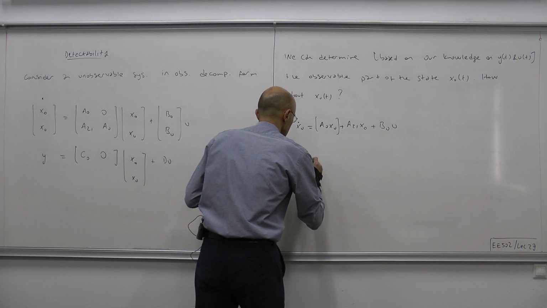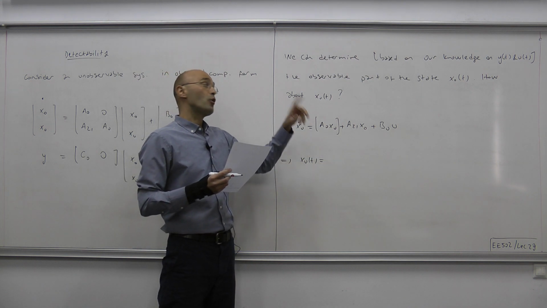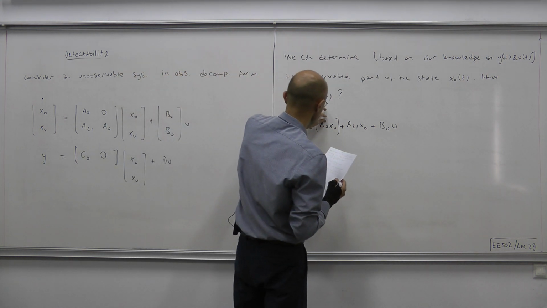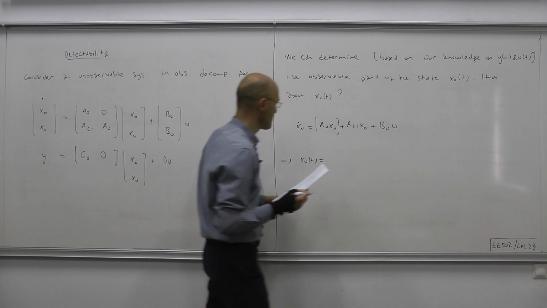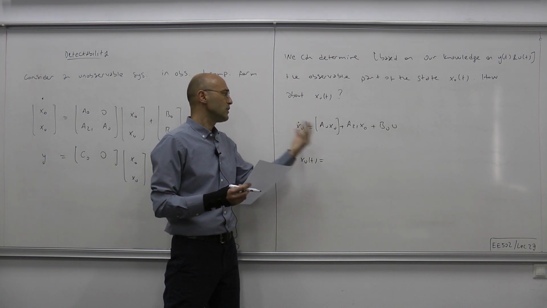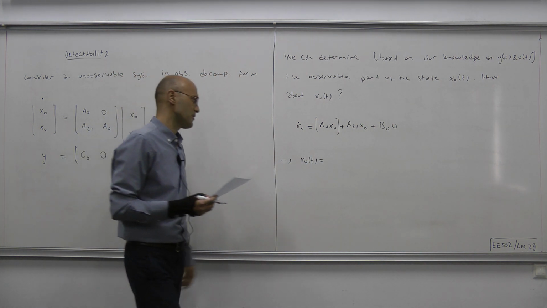xu of t equals the state transition matrix corresponding to this unobservable A matrix, Au, times the initial condition for xu, plus the integral that represents the external effects on the dynamics.